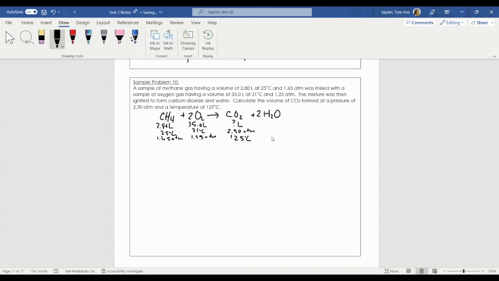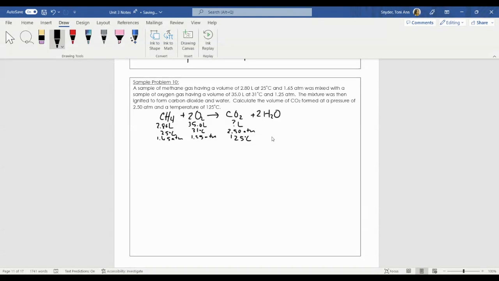This question isn't explicitly stating this, but this is a limiting and excess reagent problem. It is not telling you which of those reactants, methane or oxygen, is your limiting reagent. So you have to figure that out before anything. What's the limiting reagent? Because that's going to determine how much CO2 can be produced.